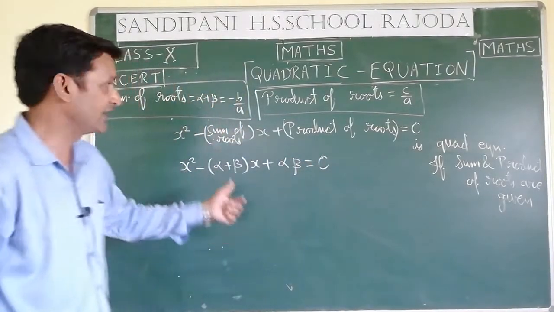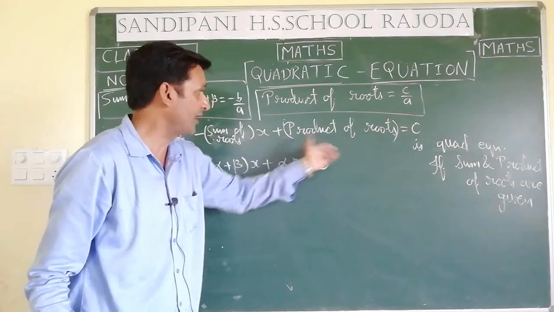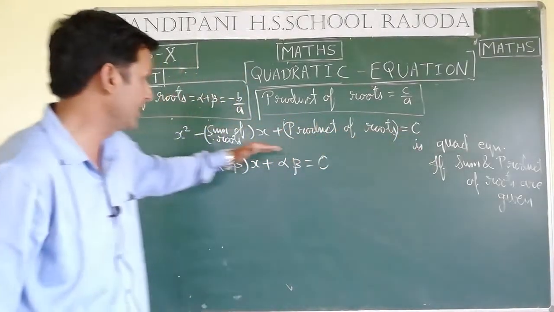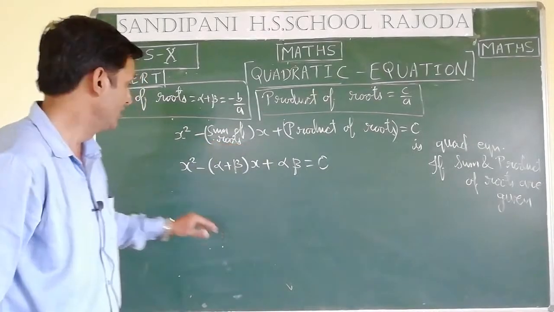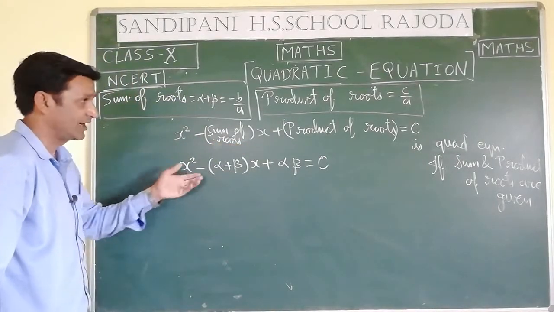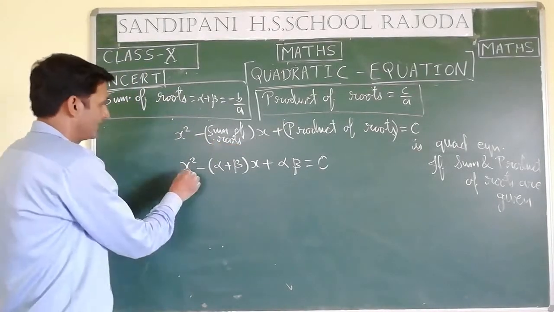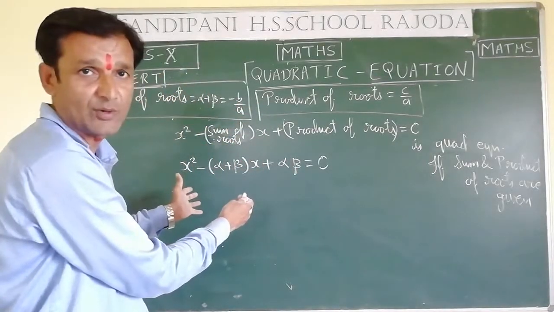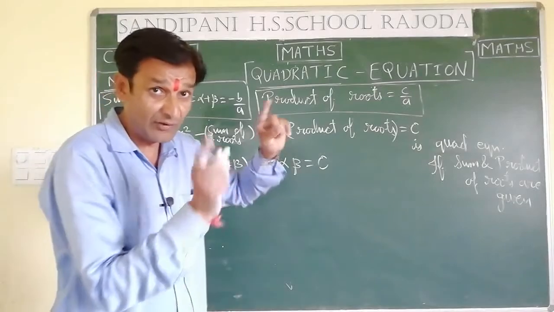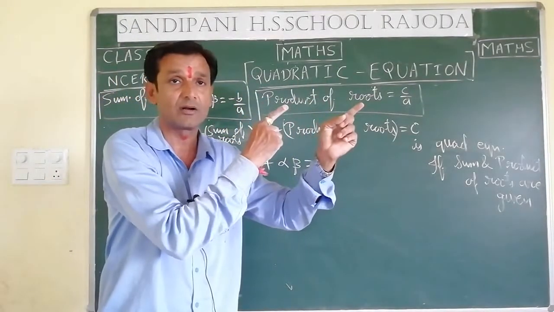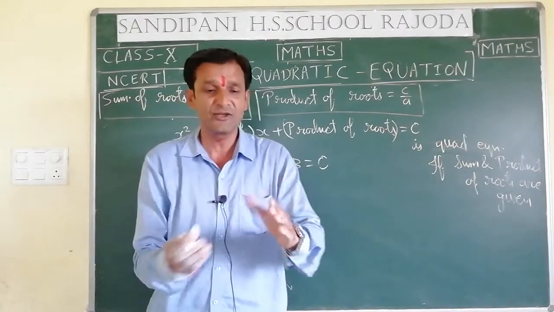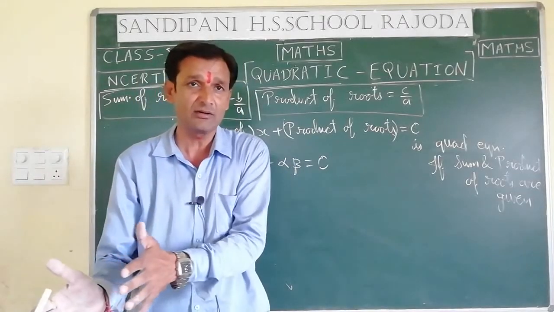Why is it so? It is only the standard form of quadratic equation which we can get by applying sum and product in this equation. Let us talk about that also. If we put these values here, and it forms that particular equation, ax square plus bx plus c is equal to 0, then it is proved that it is a quadratic equation.